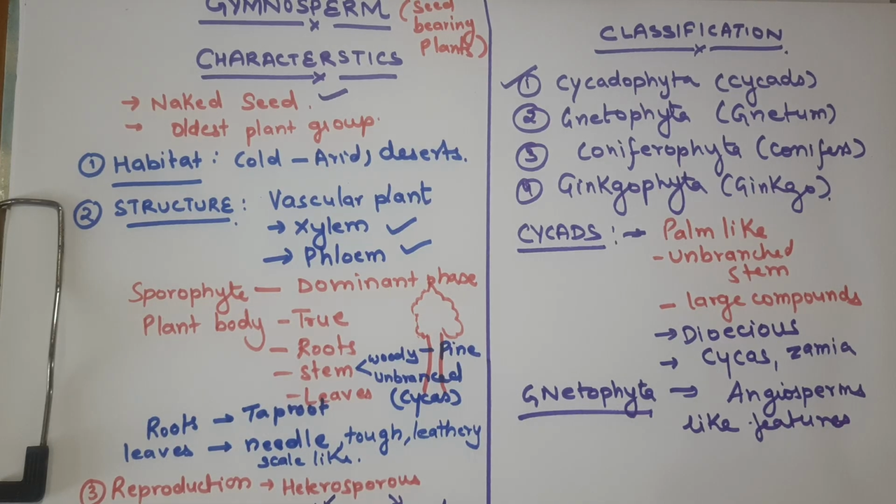So what are the angiosperm-like features? That is, they have vessels in the xylem. So in the xylem there will be vessels. And the example here includes the Gnetophyta, ephedra.